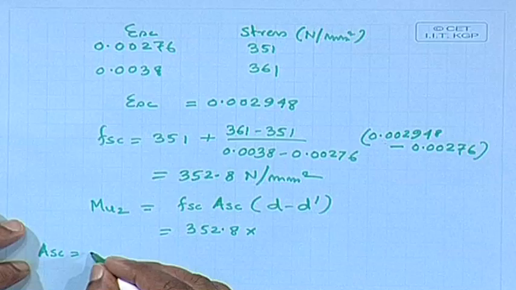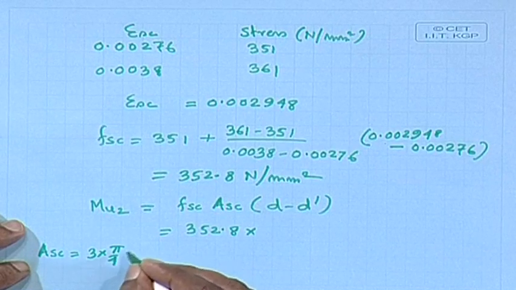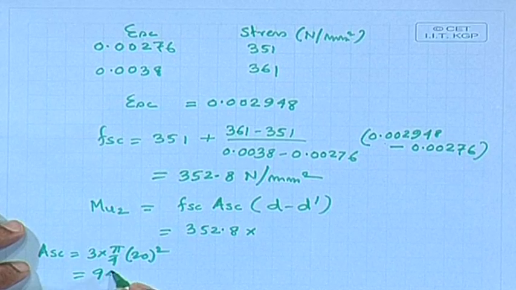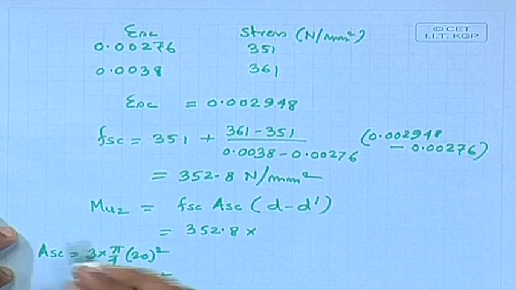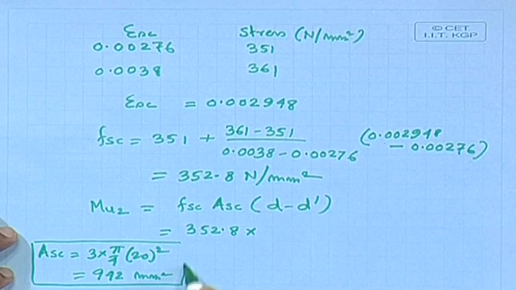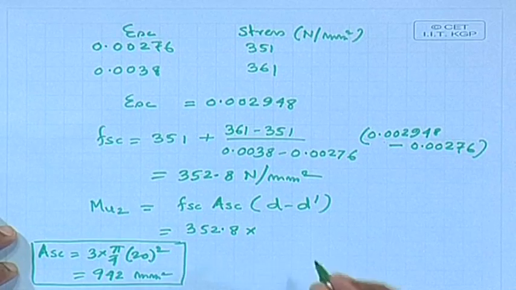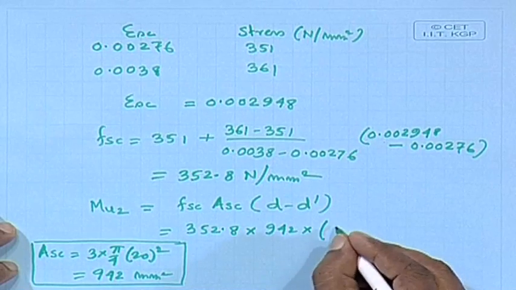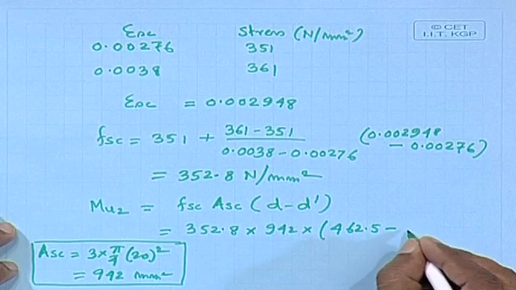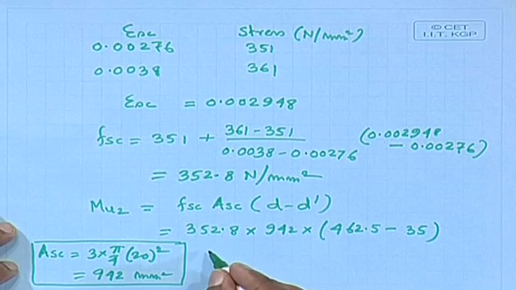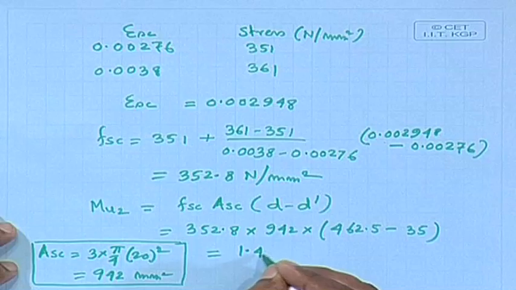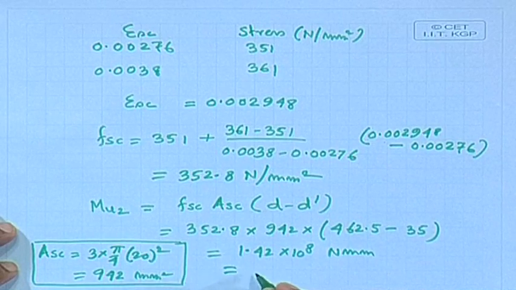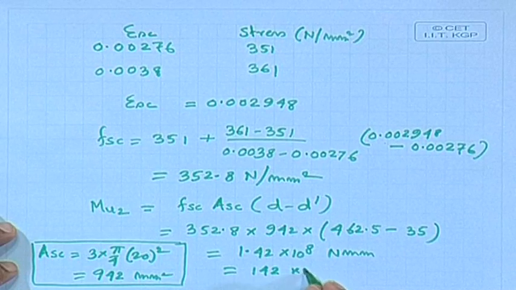Asc equal to 3 times pi by 4 20 square, which comes as 942 square millimeter. Okay. This is the area of steel in the compressive, 3 number of 20 bars provided, into 942 into 462.5 minus 35 equal to 1.42 into 10 to the power 8 Newton millimeter equals 142 kilonewton meter.